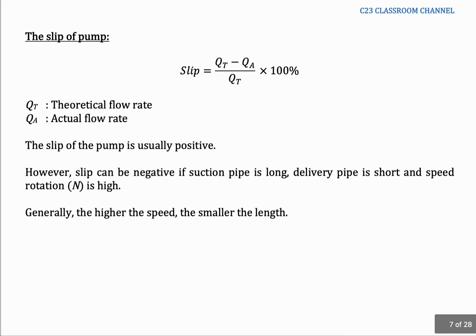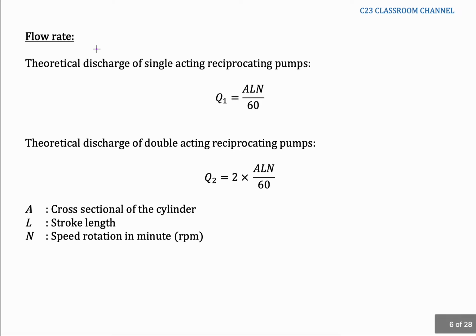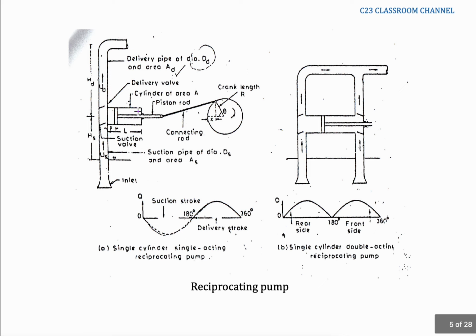And then we can calculate the slip of the pump. The idea is, we know that we have a piston here, and this piston needs to create a vacuum inside this chamber. To make sure that the vacuum happens, we must make sure that the gap between the piston and this wall is airtight.